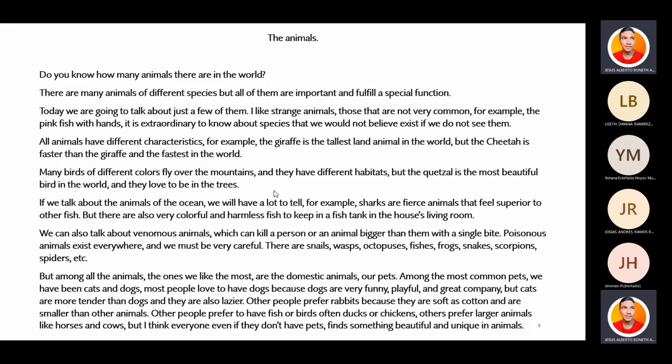Other people prefer to have fish or birds, often ducks or chickens. Others prefer larger animals like horses and cows. But I think everyone, even if they don't have pets, finds something beautiful and unique in animals. Okay, Jesus, thank you.